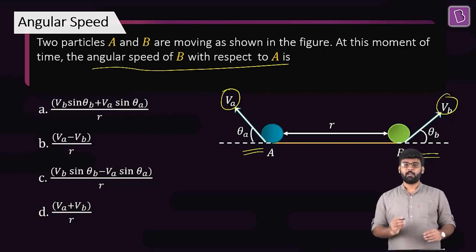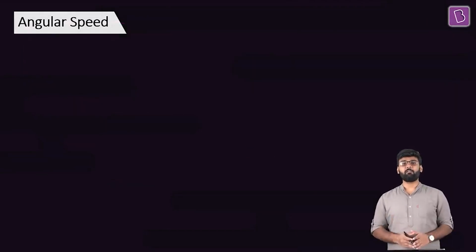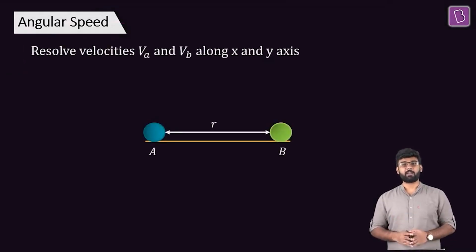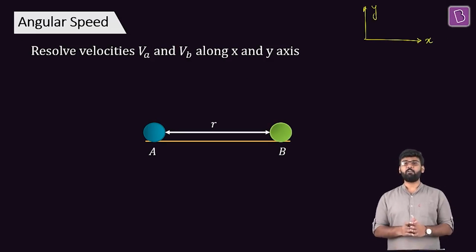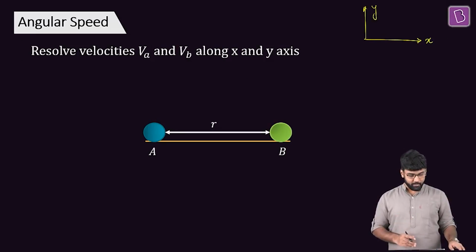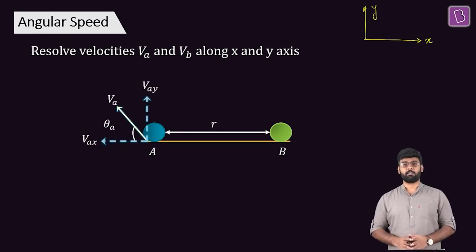Now first of all, let's resolve the velocities of these two particles along x and y axis. Here we are taking this as positive x-axis and this as positive y-axis. So when you take the components of velocity of A in the two directions, we get the components like this.